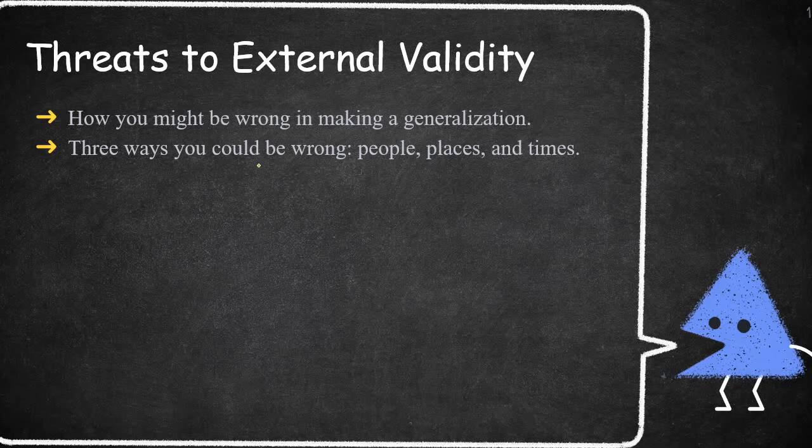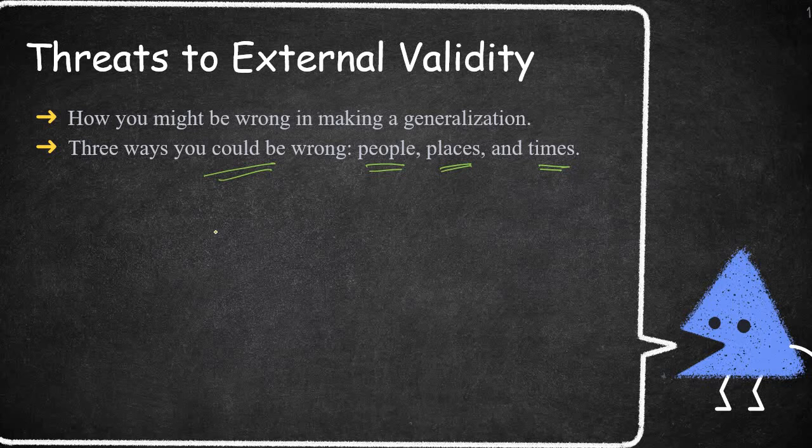There are three ways we could go wrong. We might be wrong in making a generalization because of the specific kind of people we chose in our study, or the places or the times. Maybe you conduct research during a non-routine time, let's say a time of war or a pandemic.